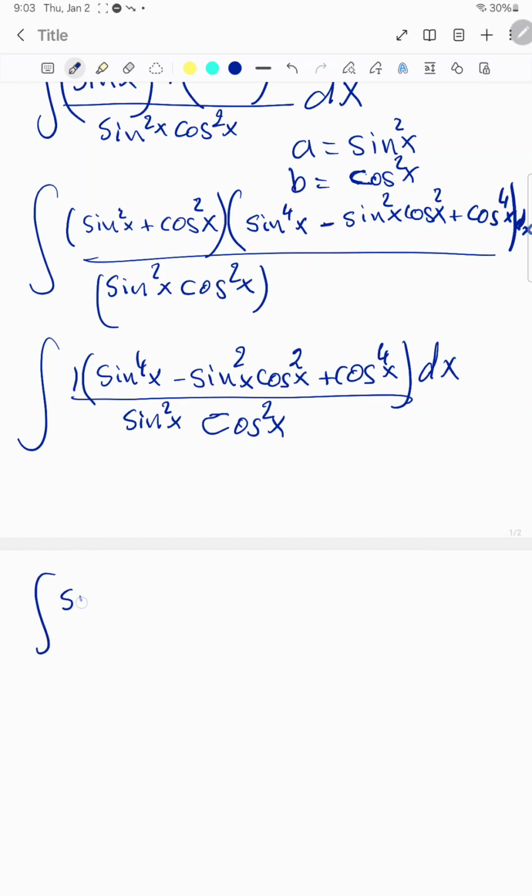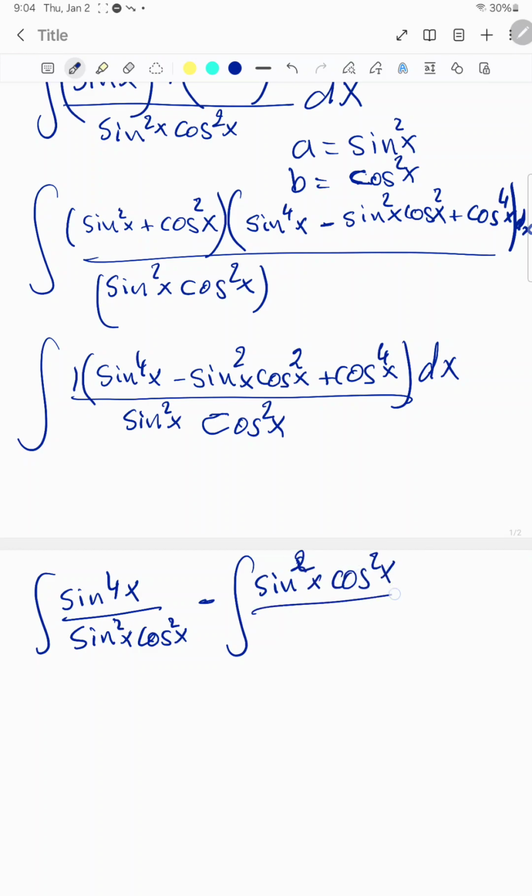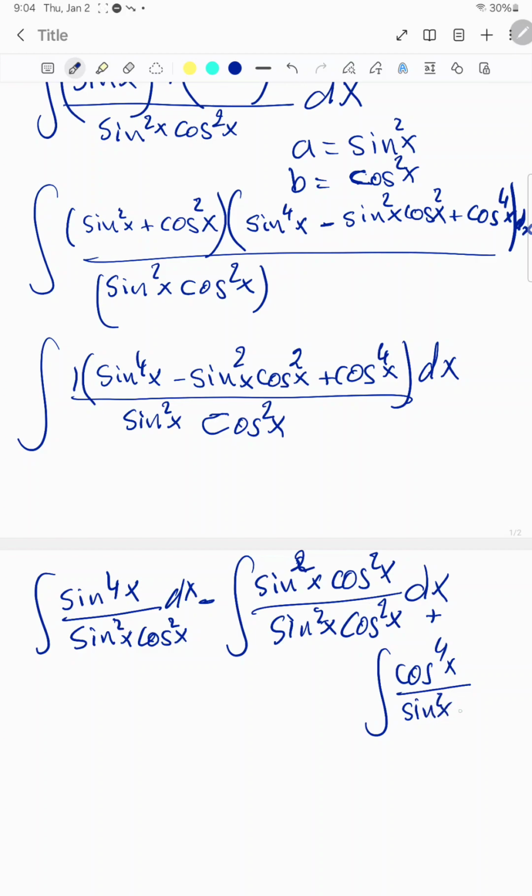So my integral becomes sine to the power of 4x divided by sine square of x cosine square of x, minus sine square of x cosine square of x divided by sine square of x cosine square of x dx, plus the integral of cosine to the power 4 of x divided by sine square of x cosine square of x dx.